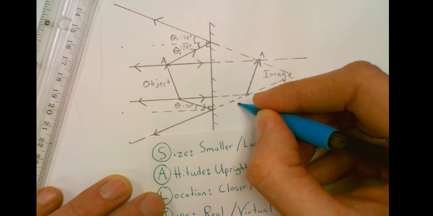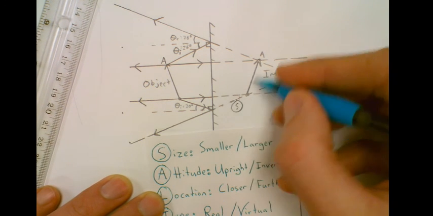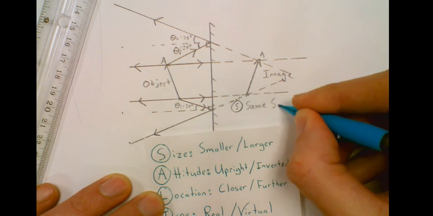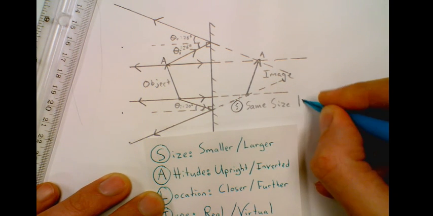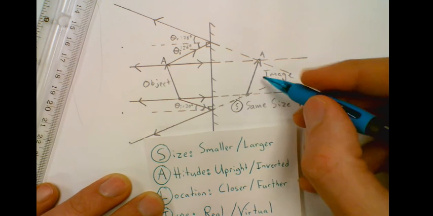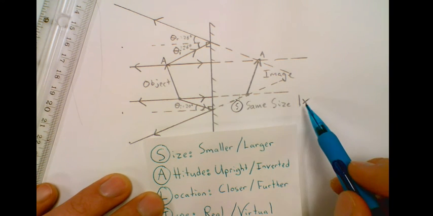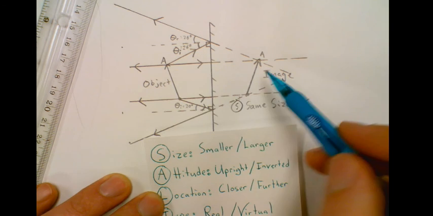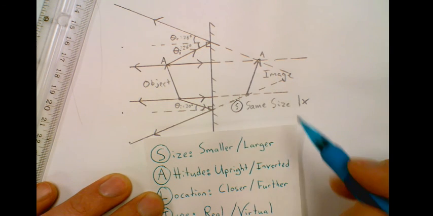S for size. If you look at these, they are the same size. You could also just put a magnification of 1. To find the magnification, you can go the height of the image divided by the height of the object. Since they're the same size, it'll be 1.